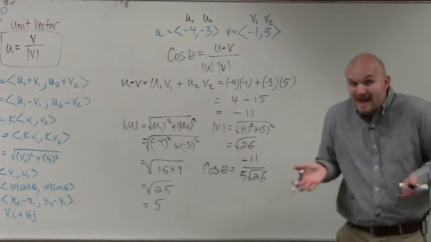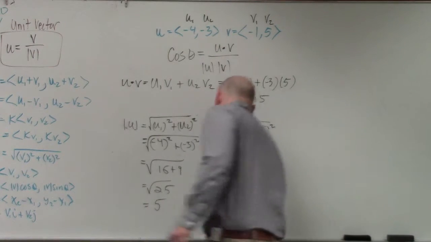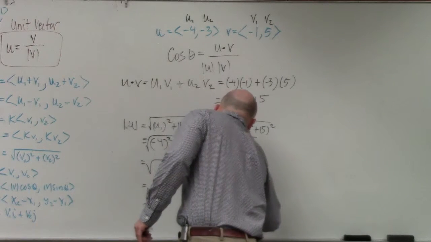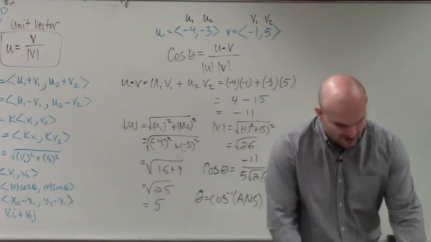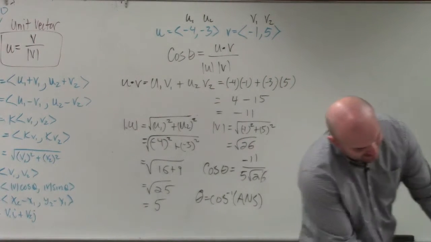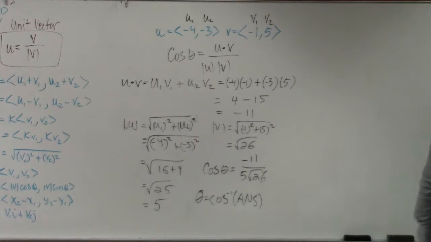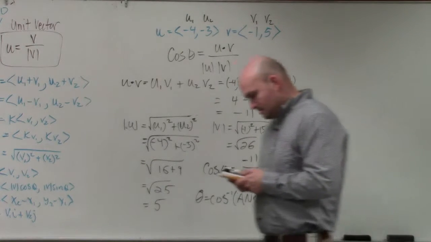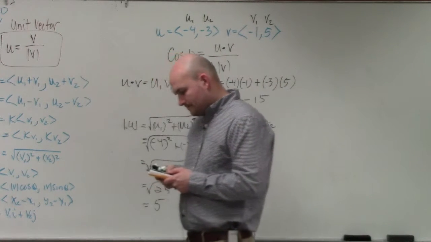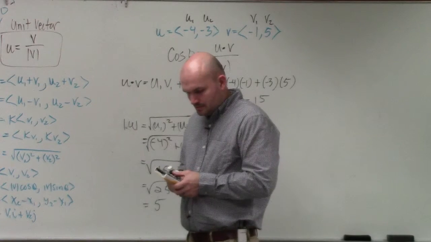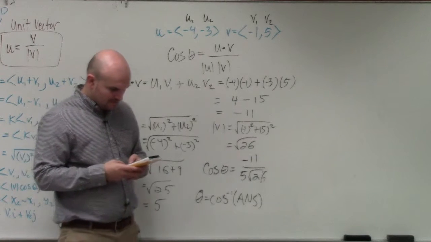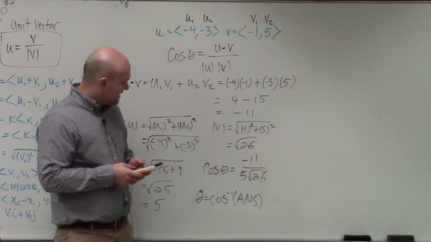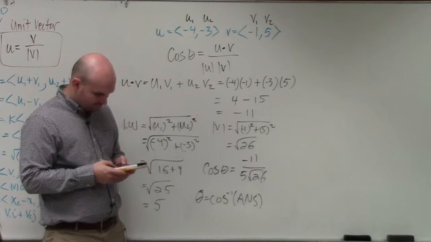Now, to actually figure out the angle, you have to use cosine inverse. So theta equals cosine inverse of our answer here. We need to use our calculator. You're going to want to use degree mode for this. So what I would do is -11 divided by 5 times the square root of 26.